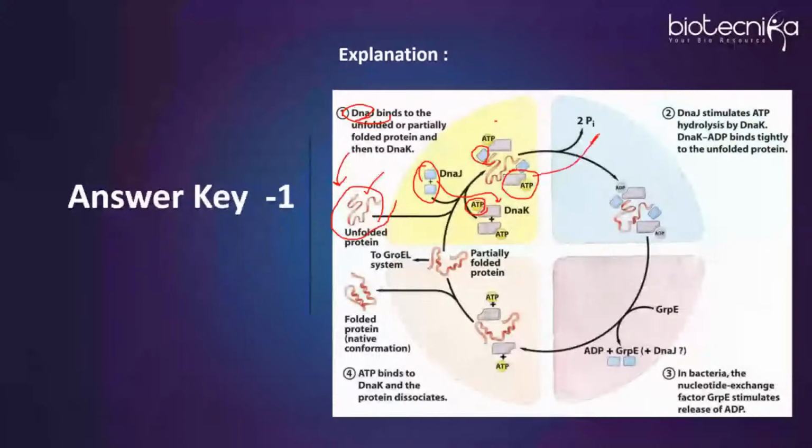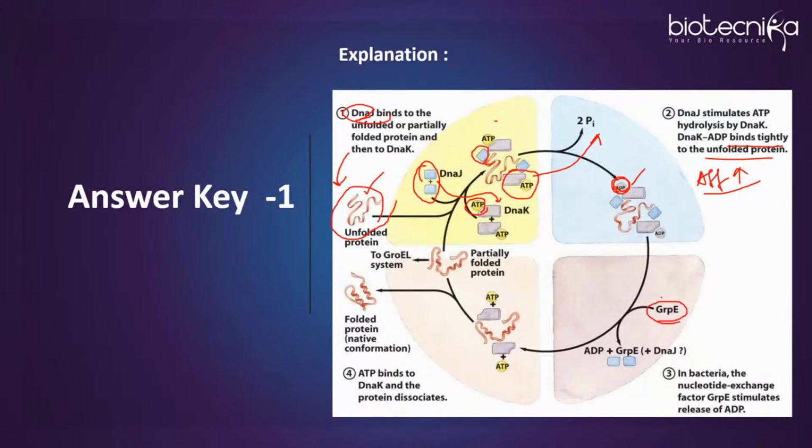So you can see here, along with DNA K, you have ADP. When it has ADP along with DNA K, it has more affinity to the unfolded protein. Affinity increases with hydrolysis of ATP on DNA K.